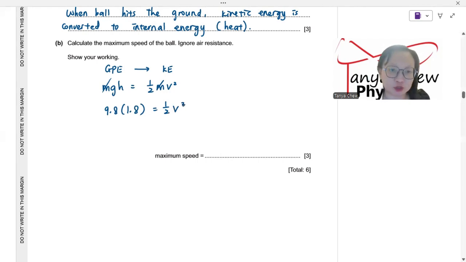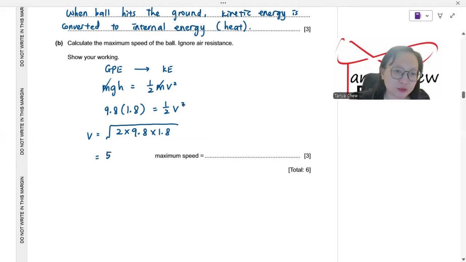Just make v the subject. v is equal to the square root of 2 times 9.8 times 1.8, and the speed that you get is 5.94 meter per second. Remember, the unit of speed is meter per second. So you can put your answer as 5.9 meter per second or 5.94 meter per second, which is 3 significant figures.